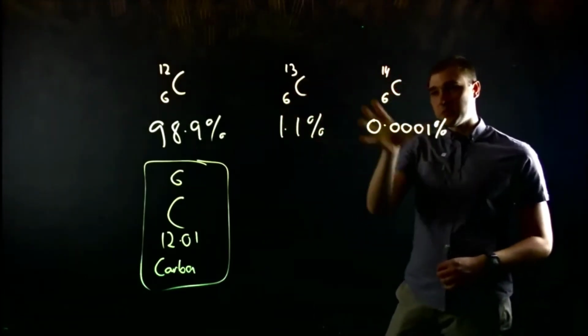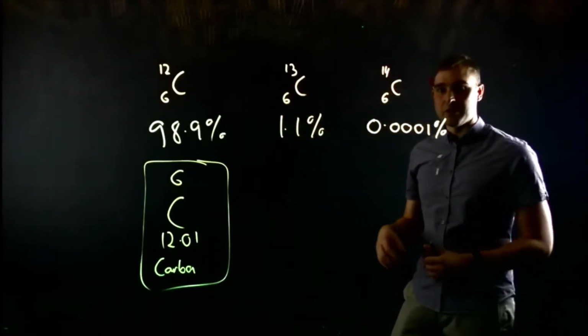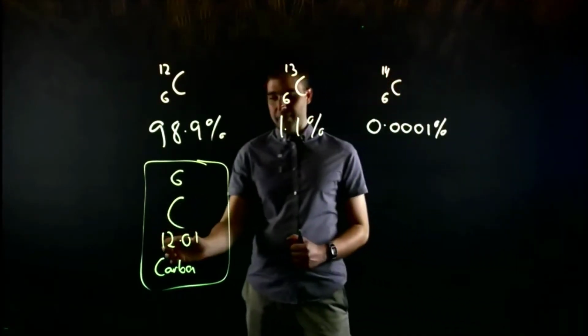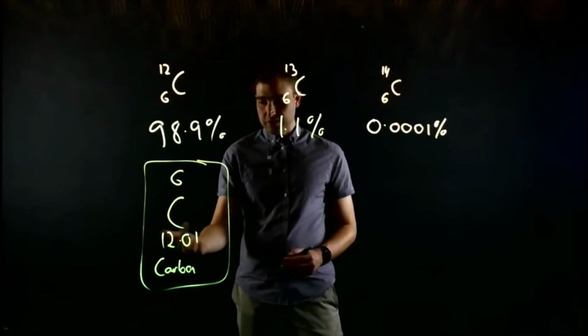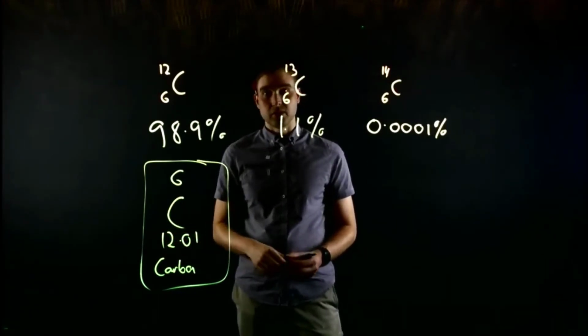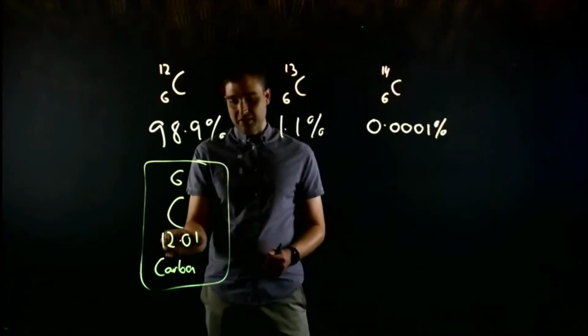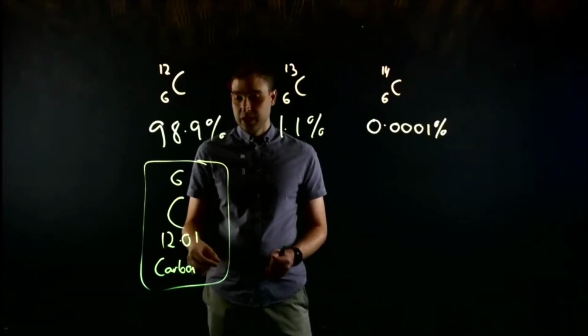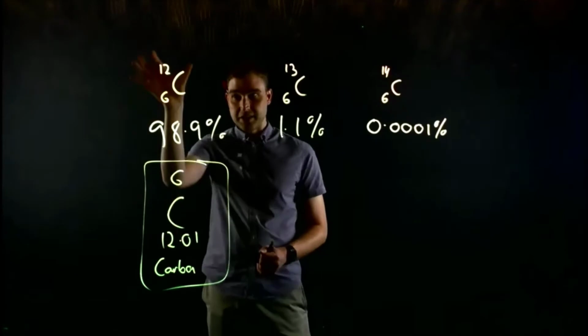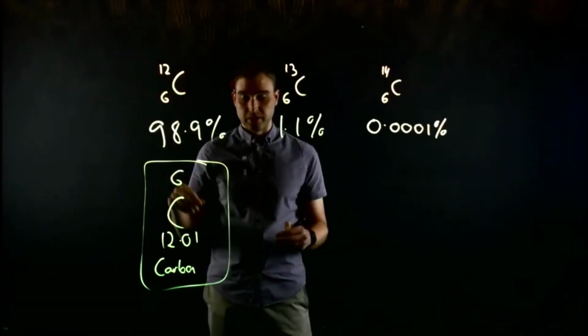Now, these small proportions mean that on average, a carbon atom has a relative atomic mass of 12.01. The relative atomic mass that we talk about is the average mass of an atom compared to carbon 12. So carbon 12 has a mass of 12.